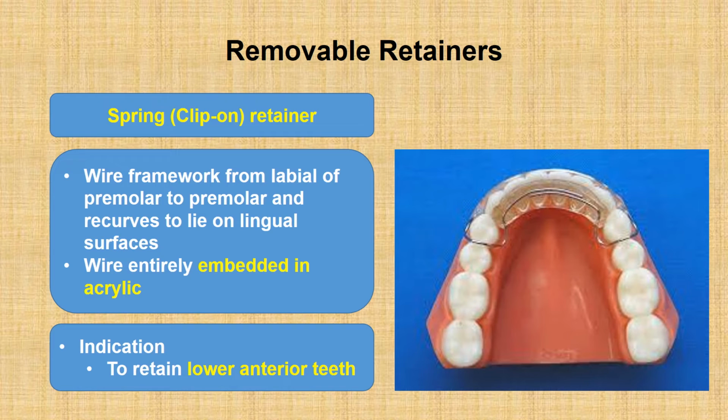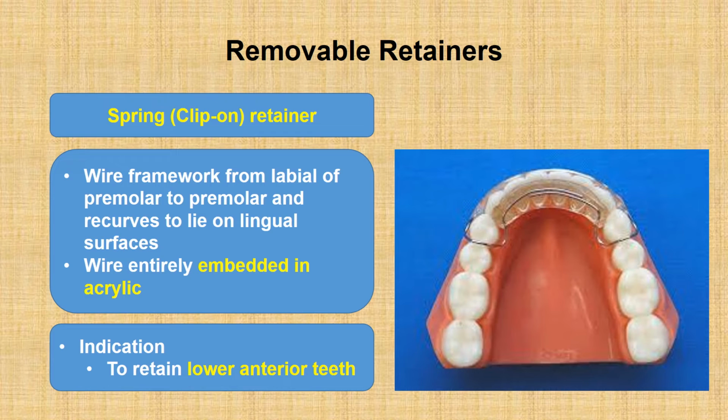Now, the clip-on retainer is another type of removable retainer. It has a wire framework from the labial of the premolar to the premolar, and it recurves to lie on the lingual surfaces of the anterior teeth. The wire on both the lingual side and the labial side is embedded in acrylic.